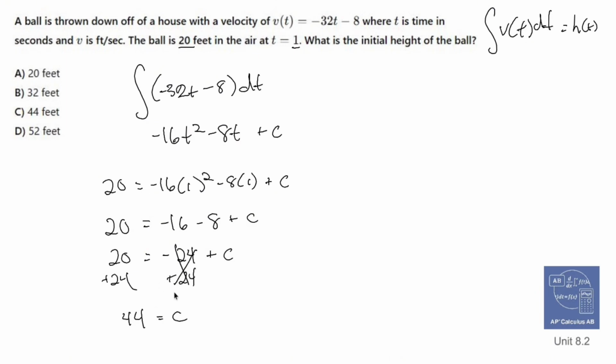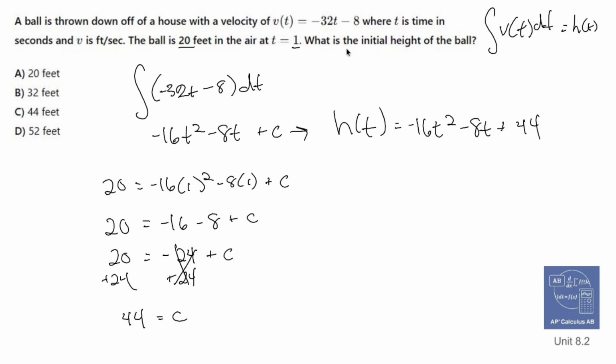So the height formula is going to be h of t equals that, but replace the c with 44. So that should be h of t, not h of 4. Don't know why I put h of 4 there. So let's erase it. h of t equals negative 16t squared minus 8t plus 44.